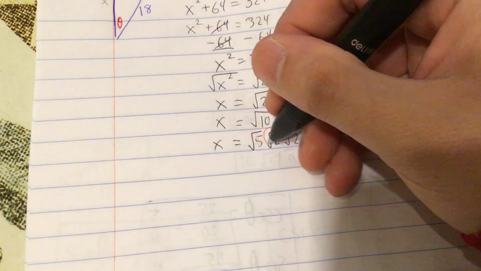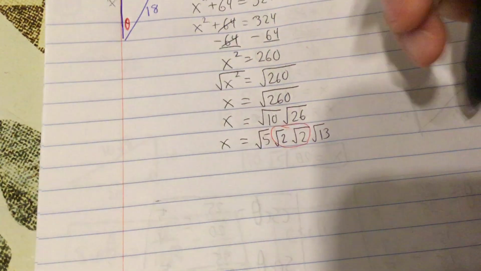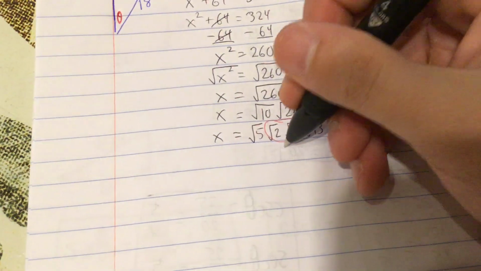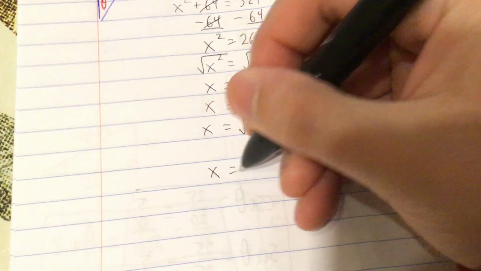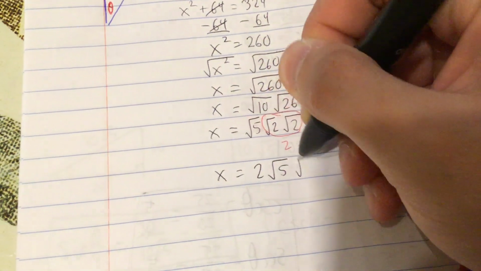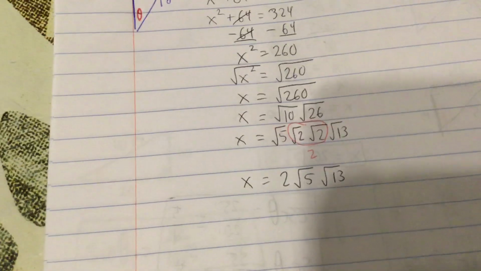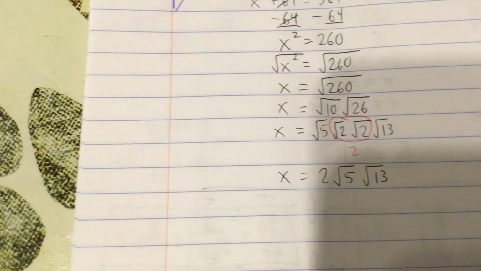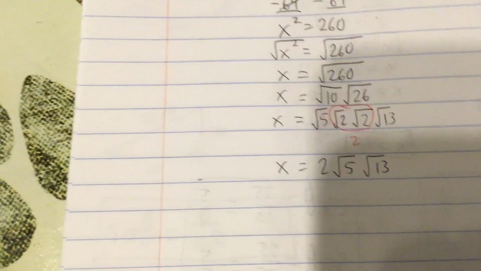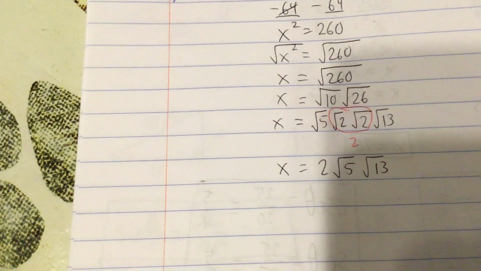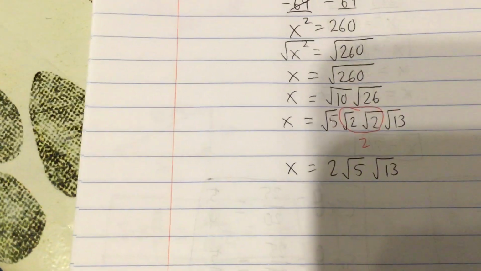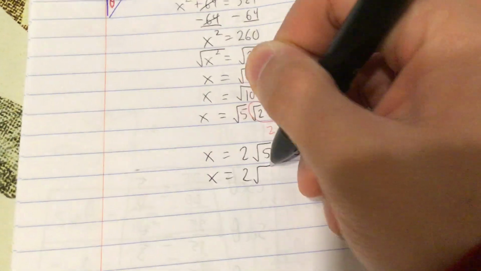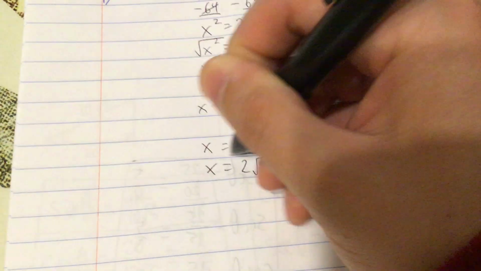But we got ourselves some twins. So in the end, this becomes 2 radical 5 radical 13. Once again, I can't really do anything right there, so unfortunately, 5 times 13. I think it's 65, but I'm just making sure. 65. So the whole thing is literally just going to be 2 radical 65.